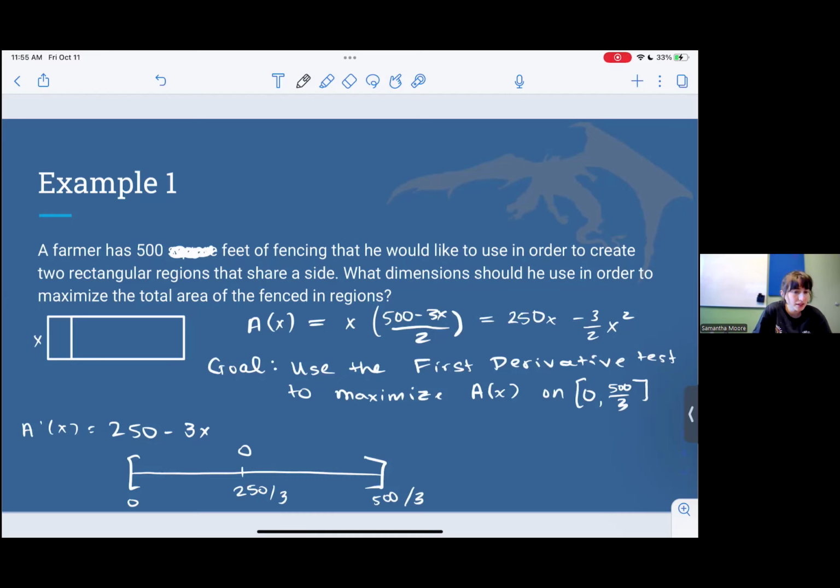And then I can do my test points. So if I test X equals 50, then A prime would be 250 minus 150. So that's going to be positive. If I test something in this region, let's say X equals 100, then I have 250 minus 300. So A prime is going to be negative in that region.